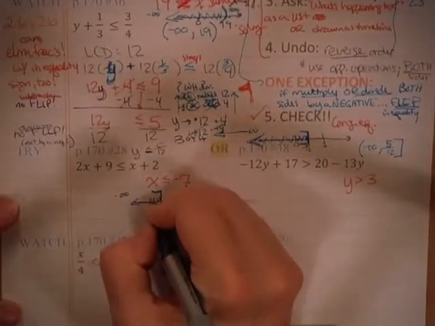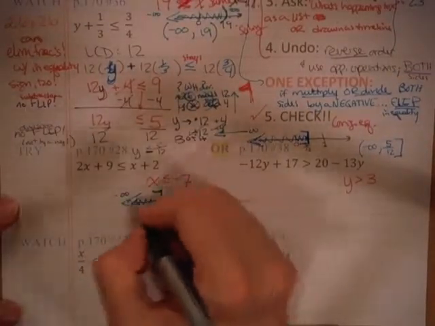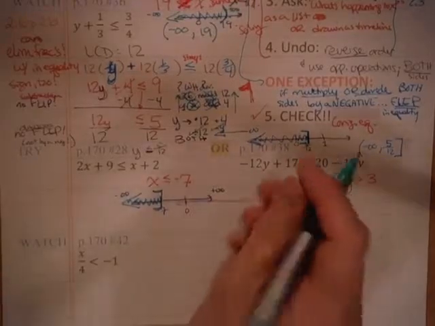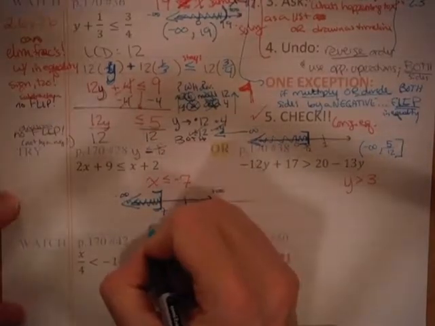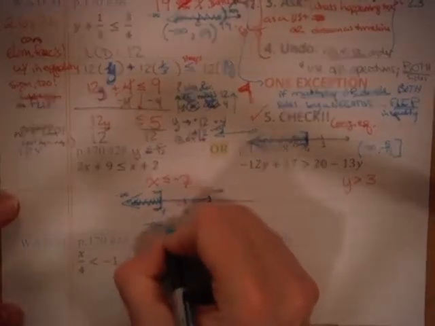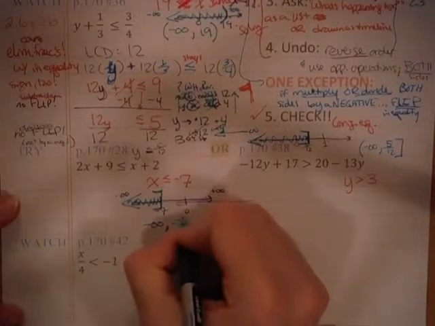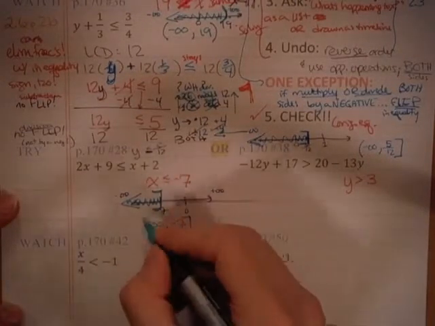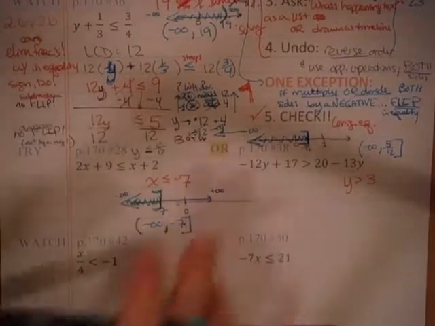We're going less than, so left, down the line all the way to negative infinity. Your interval notation would be from negative infinity to -7. We'll use the bracket to show we're including -7, but we always use a parentheses with infinity.